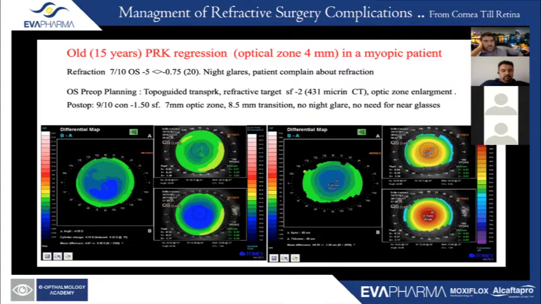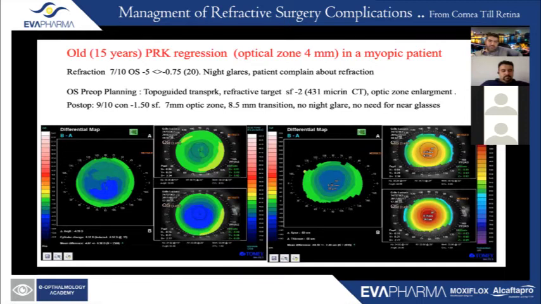He also had a regression. It was a -5. In these cases, I prefer to save some tissue and target the refraction to -2, because the patient was over 40. So the -2 allows me to save tissue and also to have a good near vision.